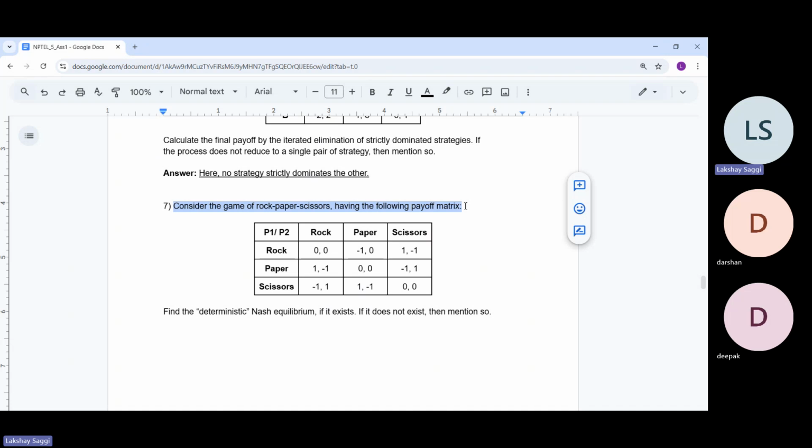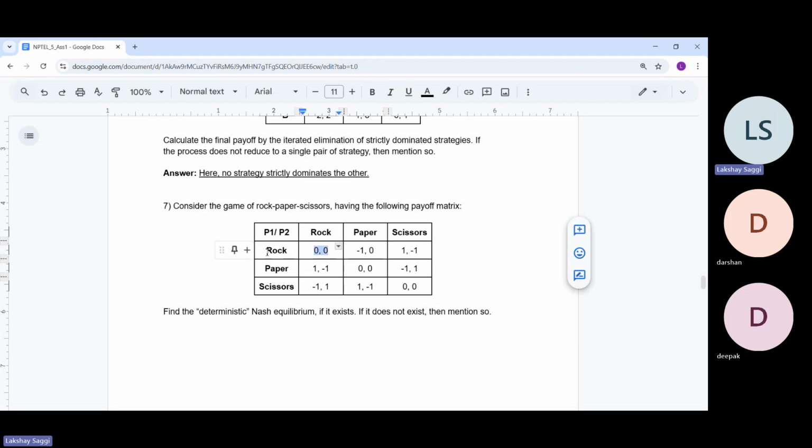The rock, paper, scissors game can be modeled as a payoff matrix also, because we know that paper beats rock, rock beats scissors, and scissors beats paper. Now we have two players playing the game. If both players play rock, then no one is the winner, so it ends in a draw and both players get 0 points.